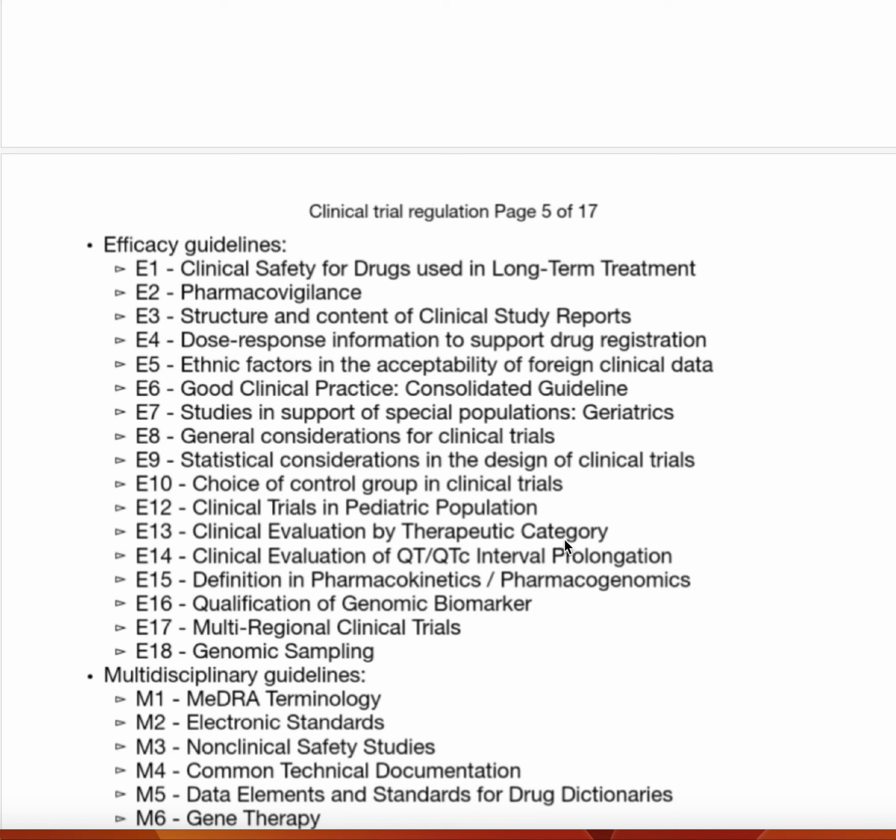E12 is clinical evaluation by therapeutic category. E14 is clinical evaluation of QT/QTc interval prolongation. E15 is definitions in pharmacogenomics. E16 is qualification of genomic biomarkers. E17 is multi-regional clinical trials, and E18 is genomic sampling.